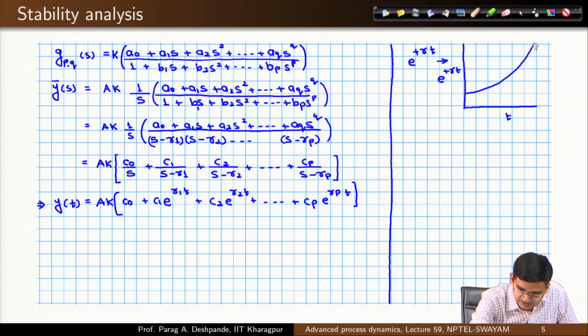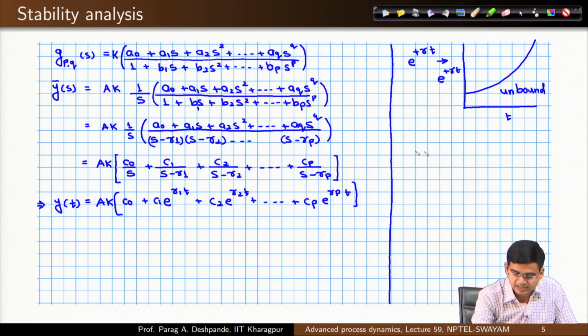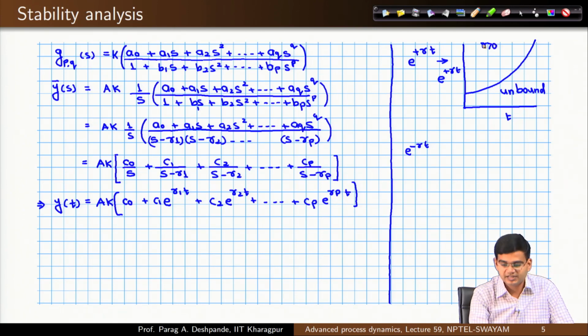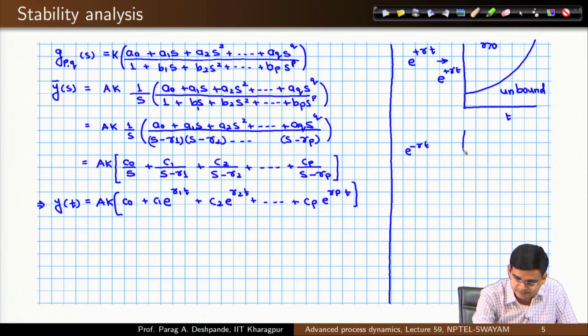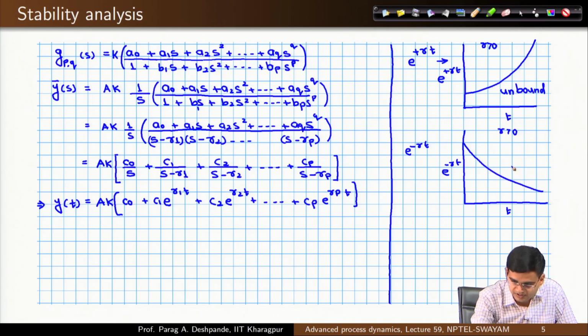It looks like this, which means unbound, and e to the power minus r t, and in every case r is greater than 0. Okay. So, e to the power minus r t, again r greater than 0 versus t. This is bound.